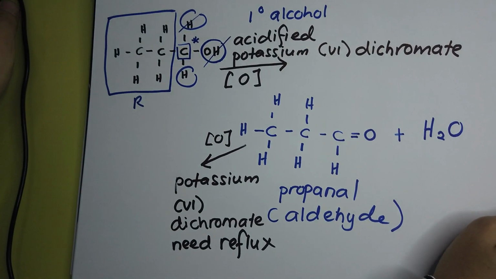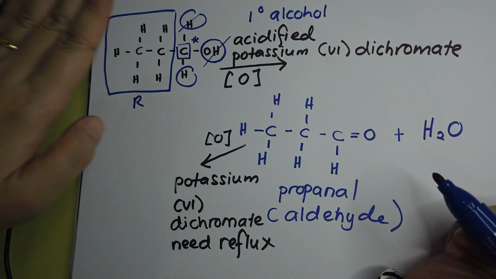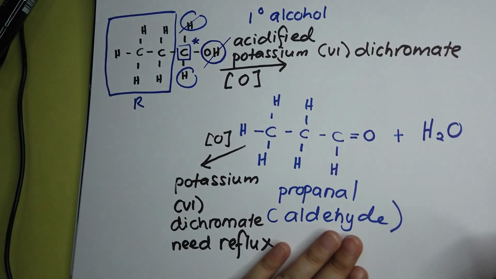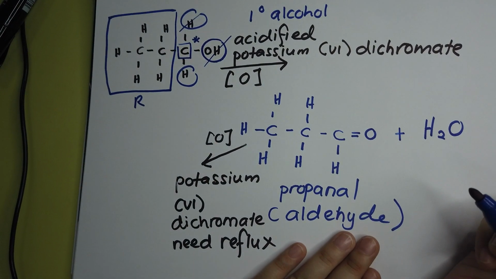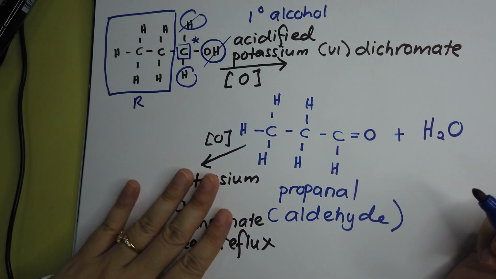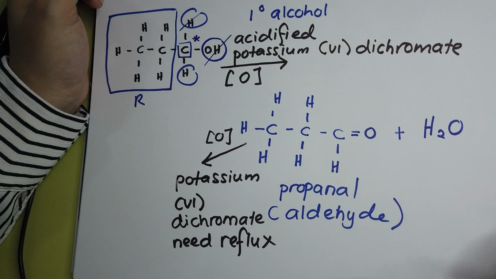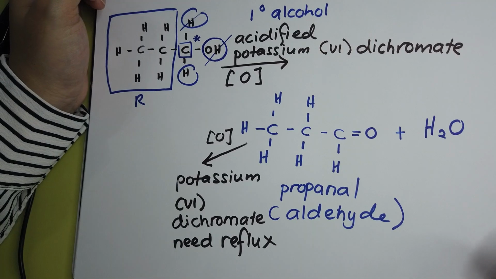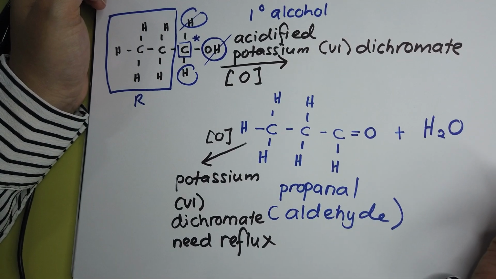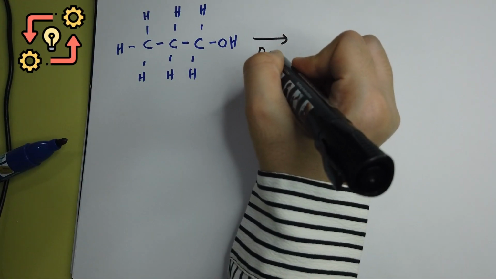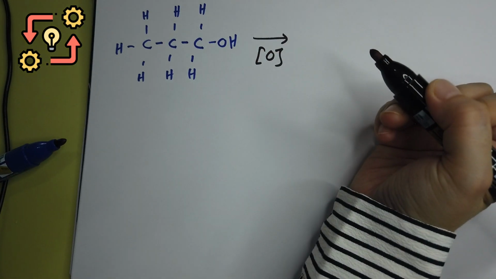So you will change from alcohol, the first step, into an aldehyde, and in the end, after you have oxidized it some more, it will become a carboxylic acid.